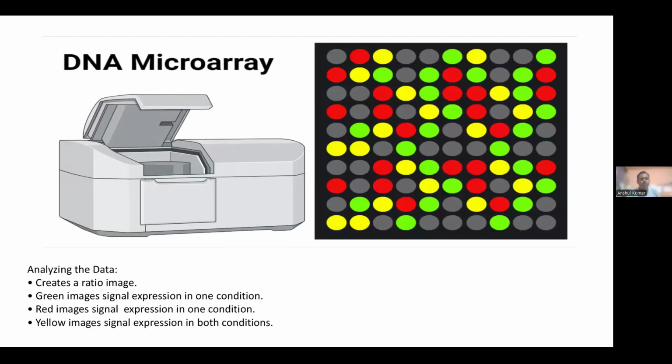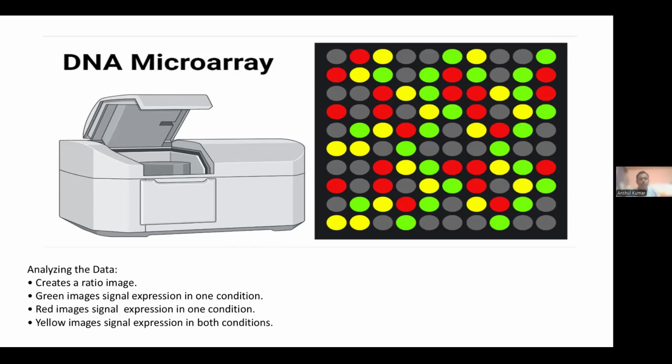So this is the machine, and these spots are called the DNA microchip on a solid surface. As you can see here, it will create a ratio image, and each color gives the expression of the different genes.